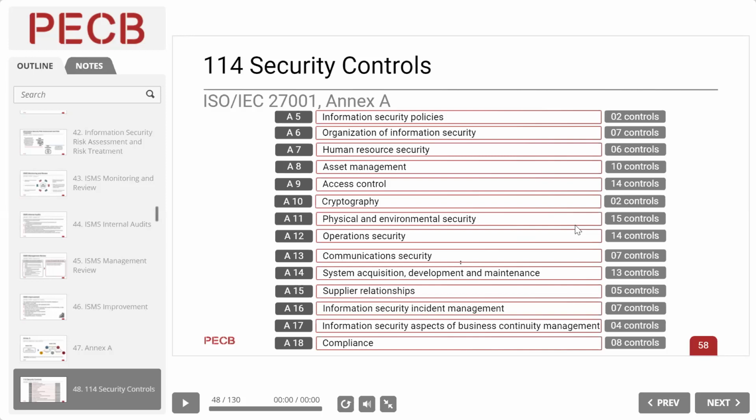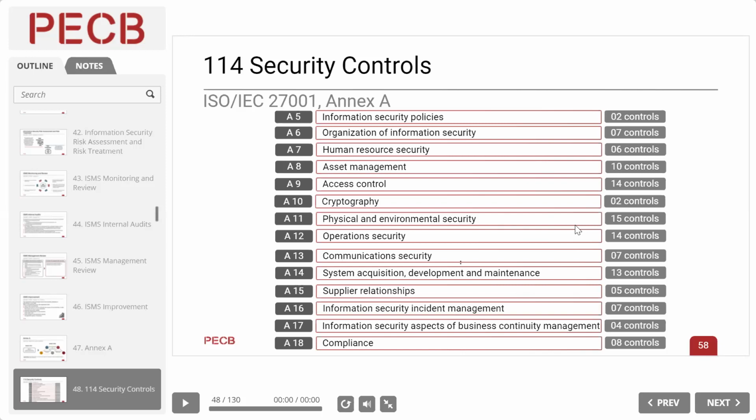Information security policies is the fact that you need policies in all areas. Organization of information security goes to the formation of a unit that is responsible for information security, and how it relates to other activities, both internal and external.